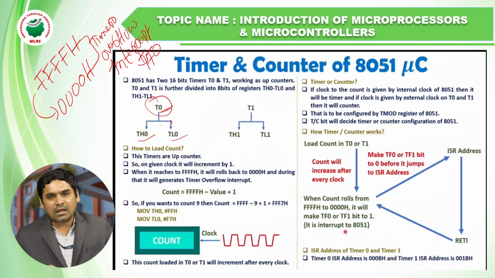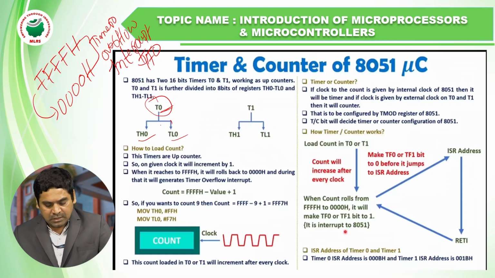Similarly in timer 1, when it reaches FFH it rolls back to 00H, and at that time it generates the timer overflow interrupt. The count formula is count equals FFH minus value plus 1.